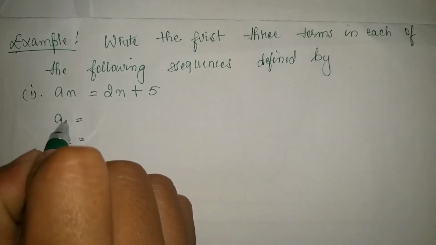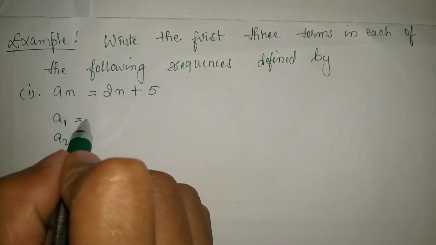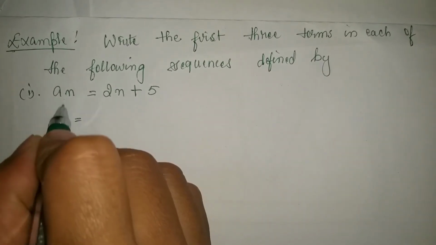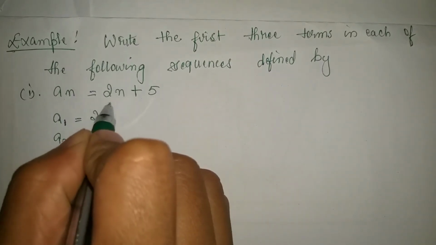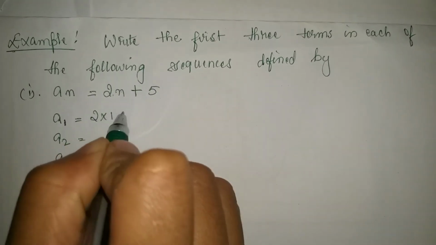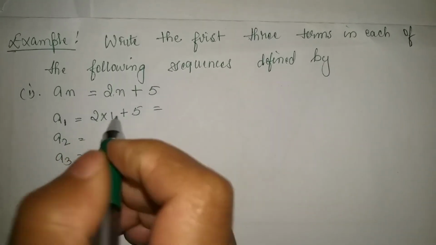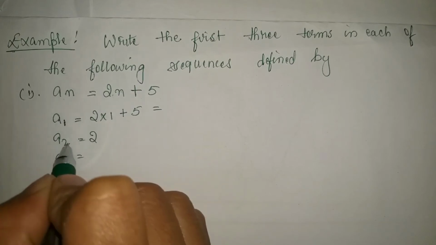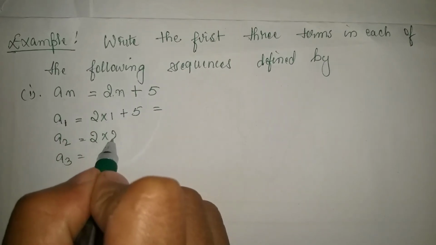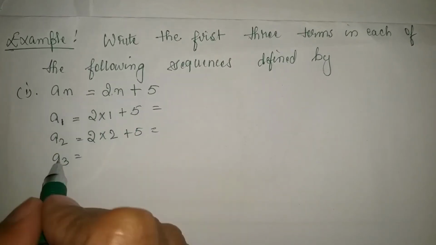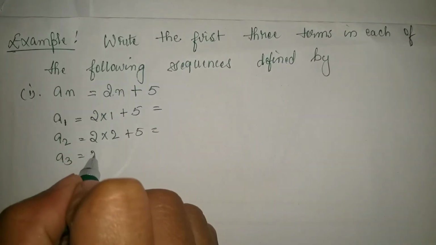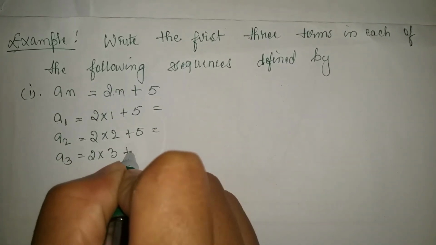Now for a1, remember here I have to replace n by 1. 2 into 1 plus 5. Similarly for a2, 2 into 2 plus 5. And for a3, 2 into 3 plus 5.